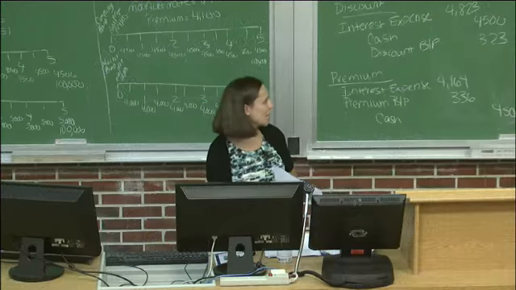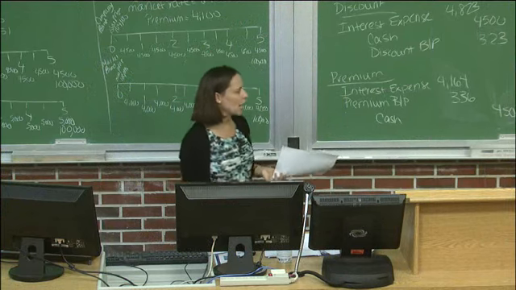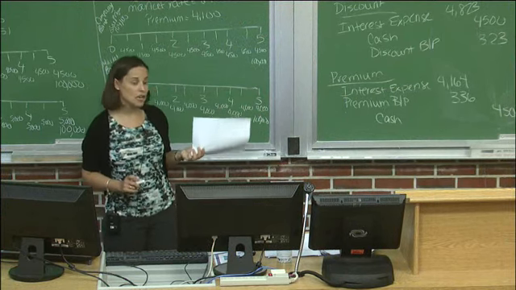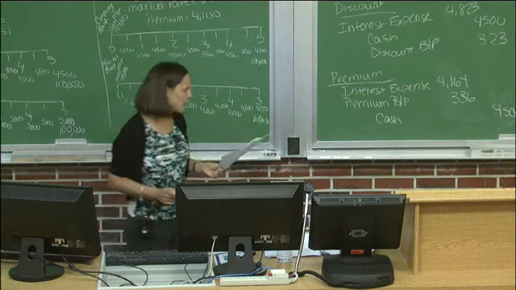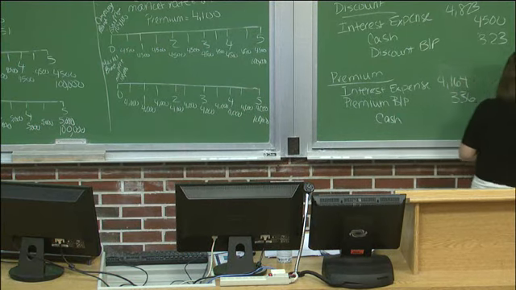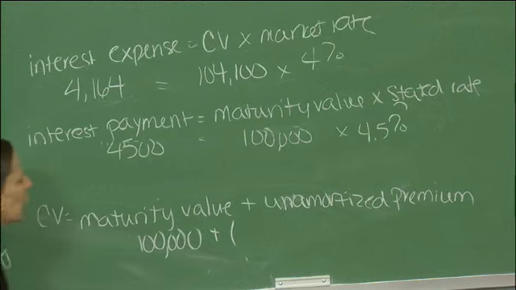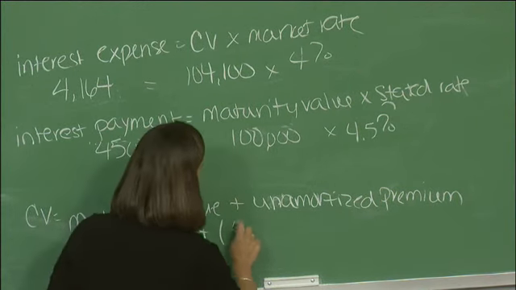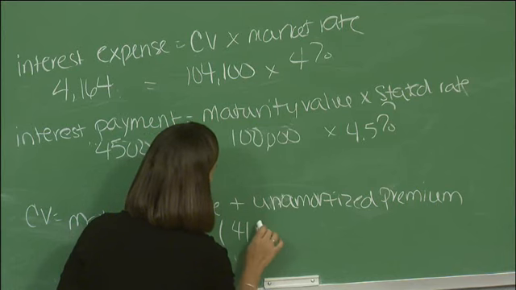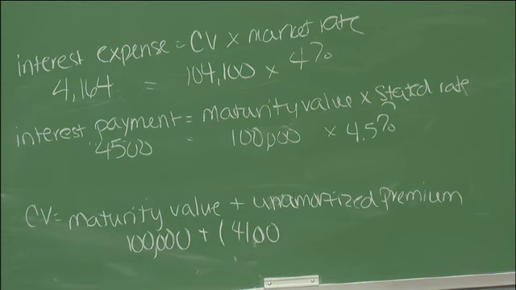Okay, what about our second interest payment date? Well, in order to calculate the second interest payment, we have to figure out what the carrying value is. So again, carrying value is the maturity value, $100,000, plus any unamortized premium. We started with $4,100 of premium.